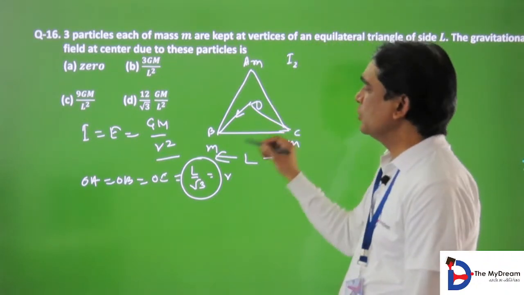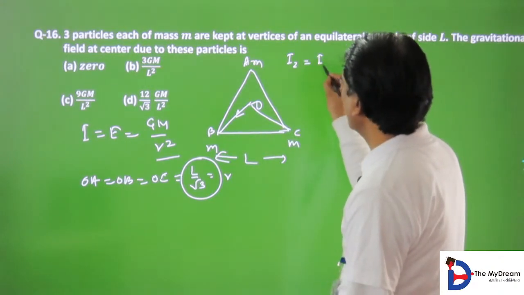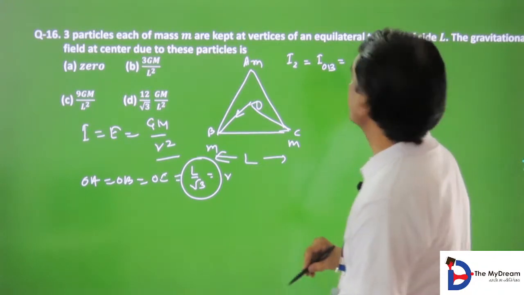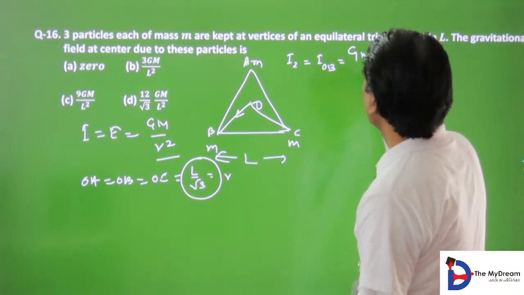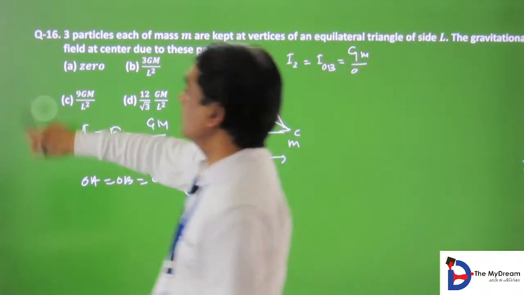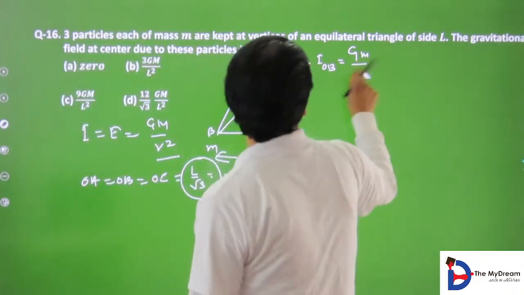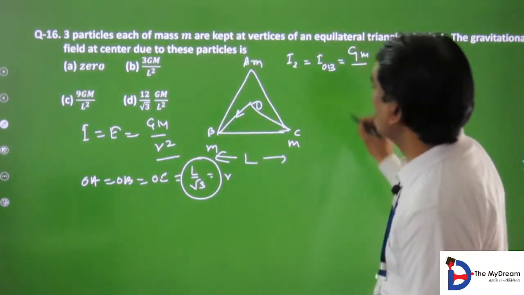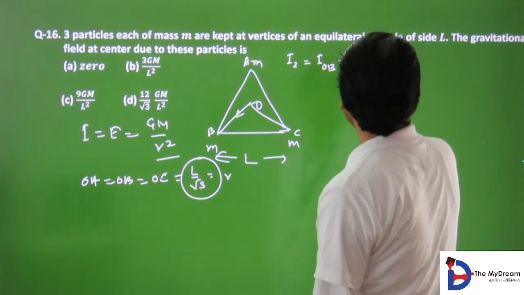Intensity at O due to B. Intensity at O due to B is given by Gm upon L by root 3 whole square.